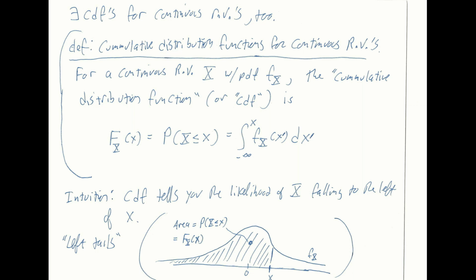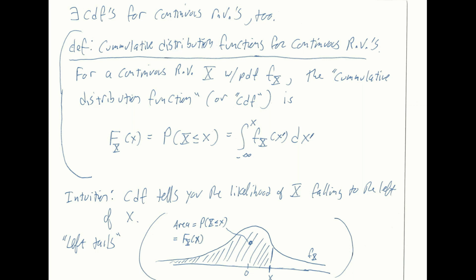It's also worth noting that my integral is taken with respect to little x prime, so I have a dummy variable of integration which is different from little x, which is the upper limit of this integral.